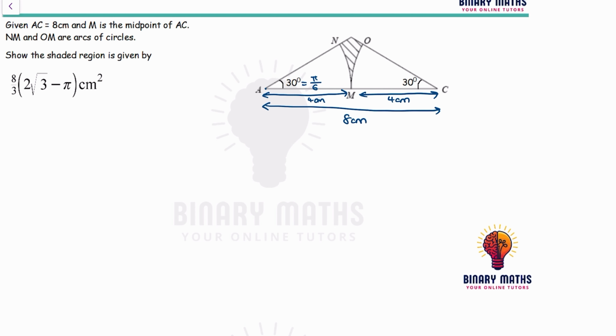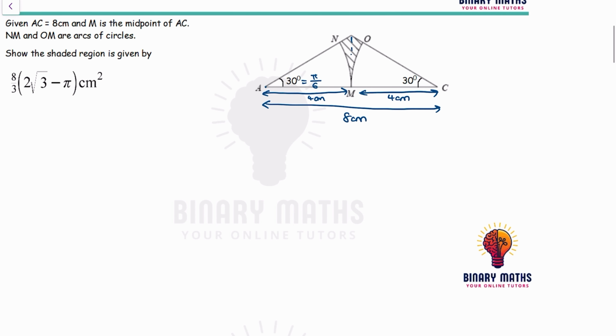Okay, so first thing I would do is split this up. I've got a right angle triangle with an angle of pi over 6, and somewhere here I've got this arc length. I'm trying to find this shaded region. This is N, this is M, this is A, and I know this is 4 centimeters.